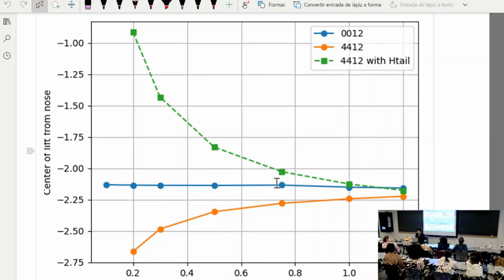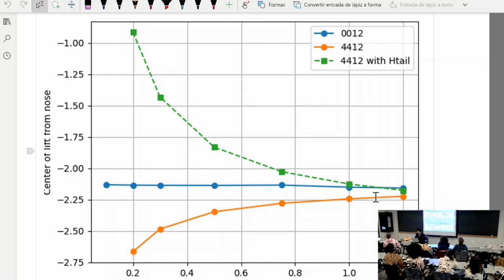Here you see that if I only have a symmetric airfoil as a single wing, it's almost neutrally stable. If I have just the 4412 as a wing, it's unstable. Now if I have a 4412 with a horizontal tail, it's stable.